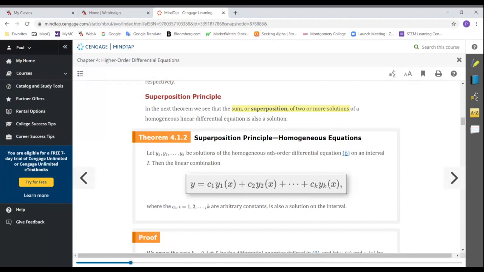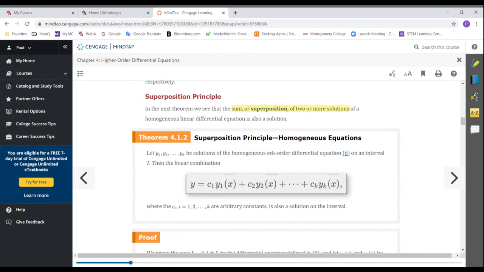Take a look at the theorem. Basically, a linear combination of solutions to a homogeneous differential equation is itself a solution to that homogeneous differential equation. It's called a superposition principle.